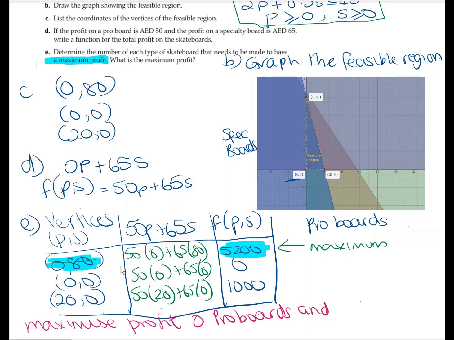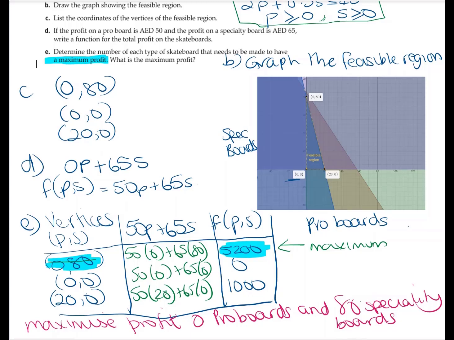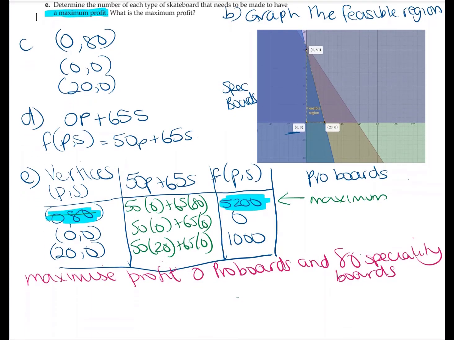And the Y value, 80, is specialty boards, so 80 specialty boards. So we'll have a profit of 5,200 dirhams.